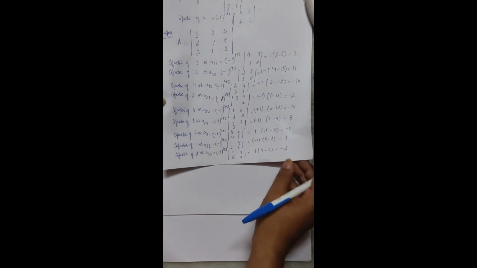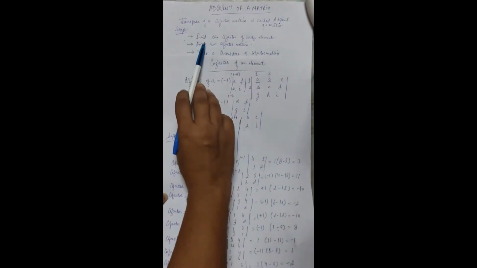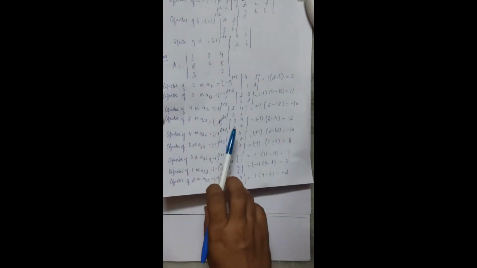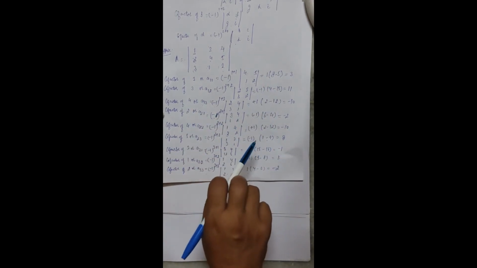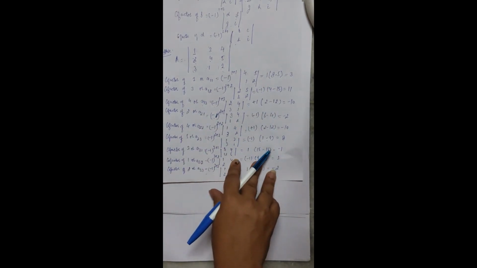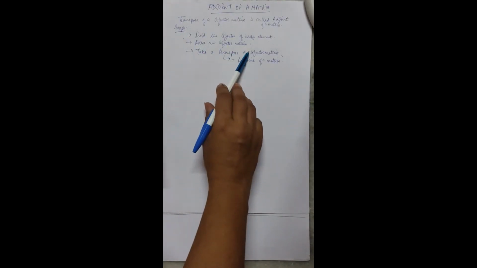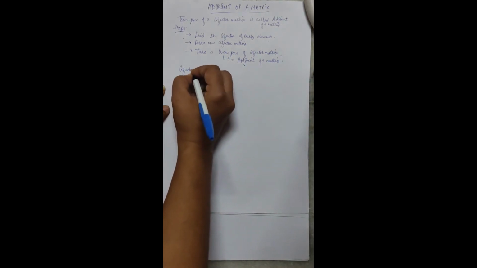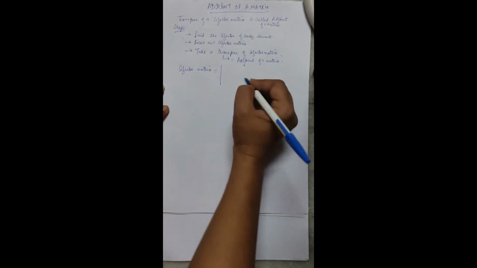On the basis of these cofactors, the first step we have already achieved, that is find the cofactor of every element. Now we will make the cofactor matrix, that is the second point, form a new cofactor matrix. So I will write here: cofactor matrix equals.